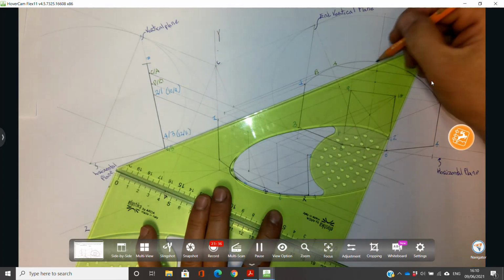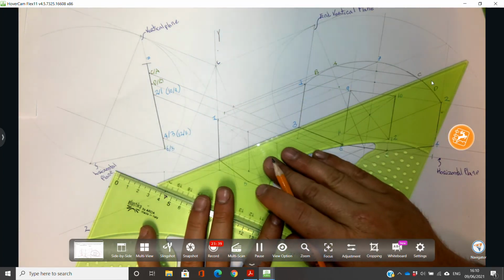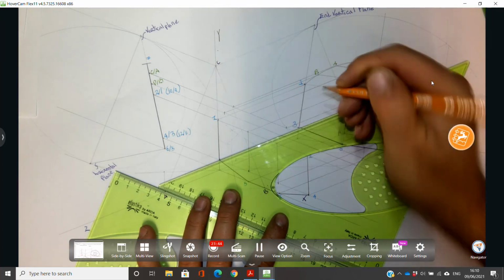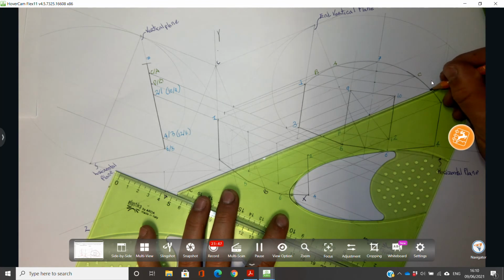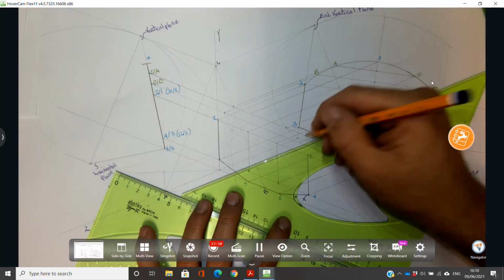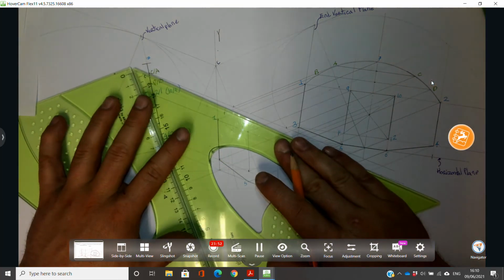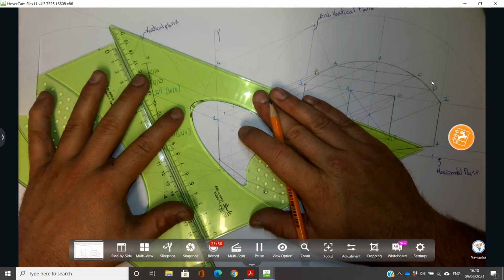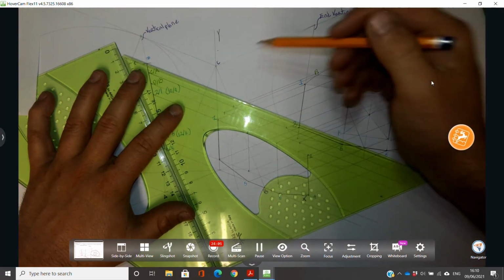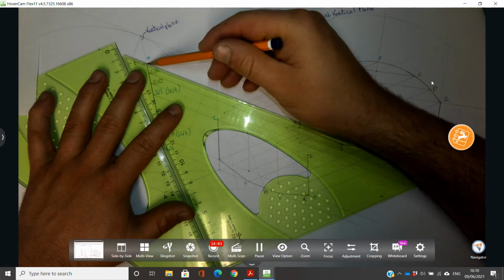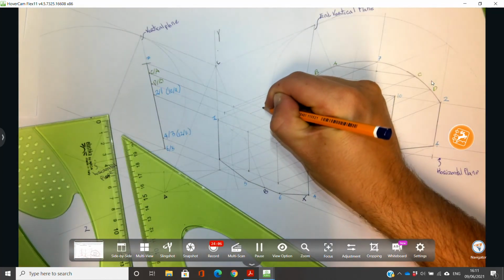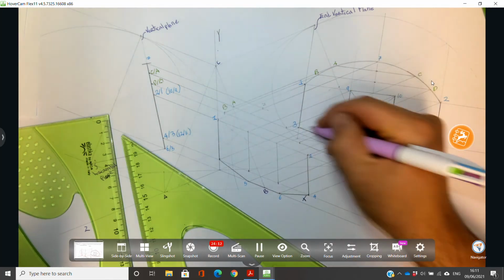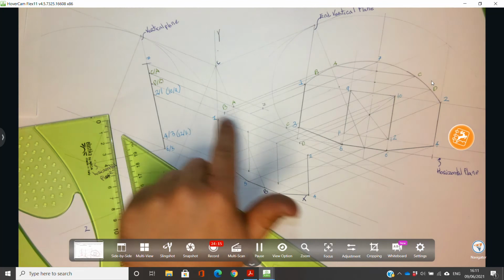Seven down, and clean up a second, go back and get 7. There's point 7. Okay, and there's A, B, C, D, which I'll freehand sketch in a short while.